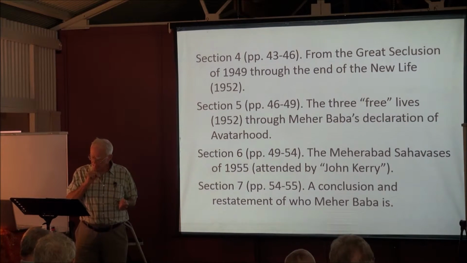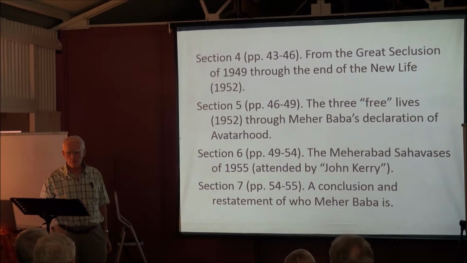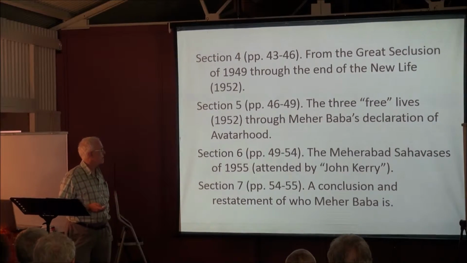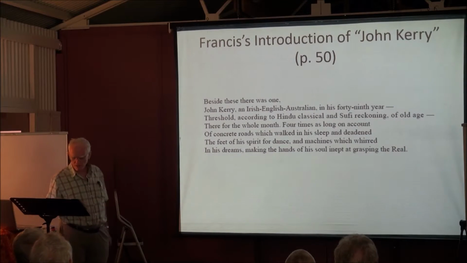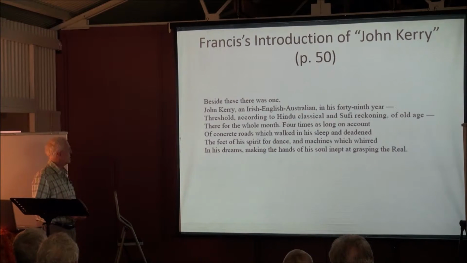Now, some of the digressions I wanted to comment on because they're a very prominent part of his biographical account. Oh yes, and here's where he introduces himself. Besides these was one, John Carey.